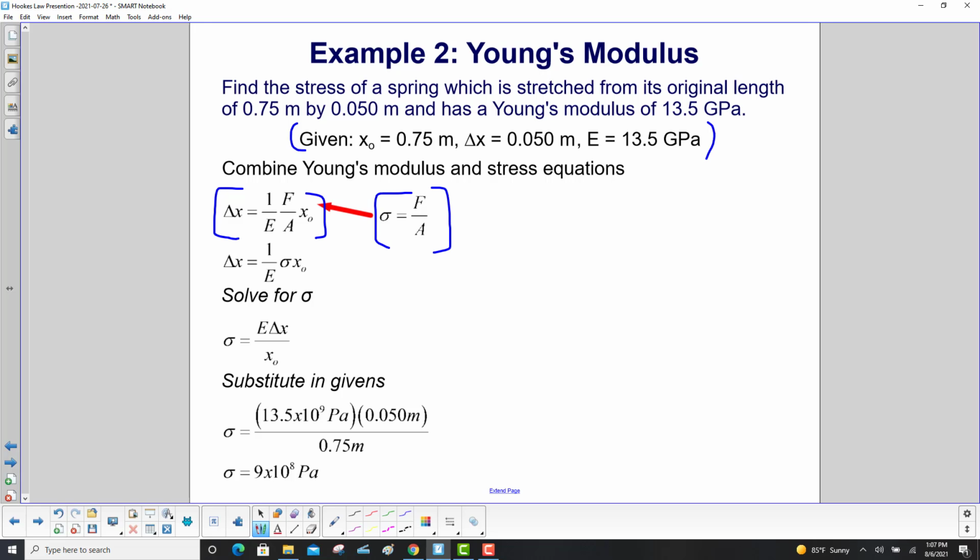Stress is F over A. So we replace the F over A here with sigma, and then we solve for sigma. Multiply both sides by E and divide by x0. And here's our expression for the stress. Substitute in the givens. And notice we had the gigapascals here, so that's 10 to the 9th pascals. And we have to work in pascals with the equation. And we get sigma is 9 times 10 to the 8th pascals.